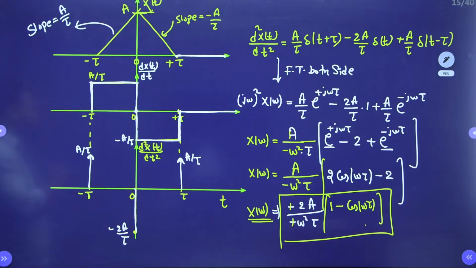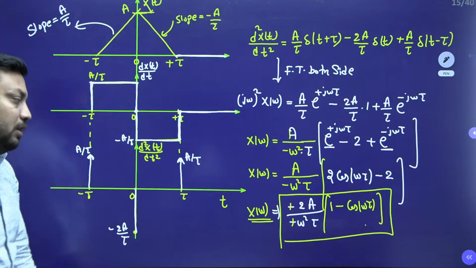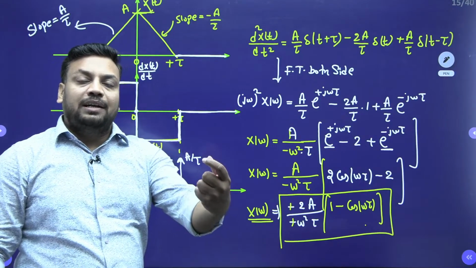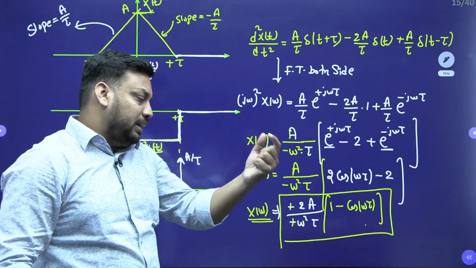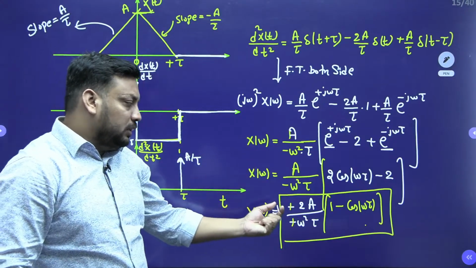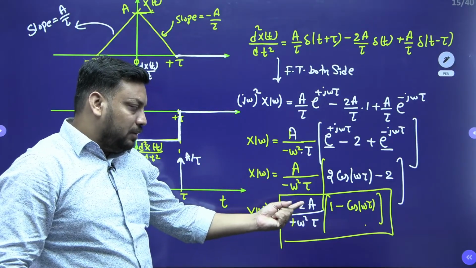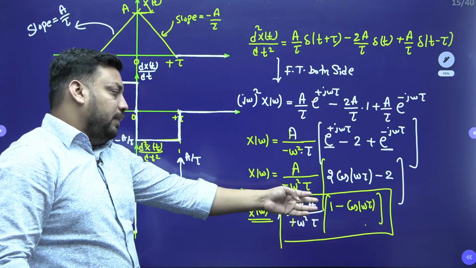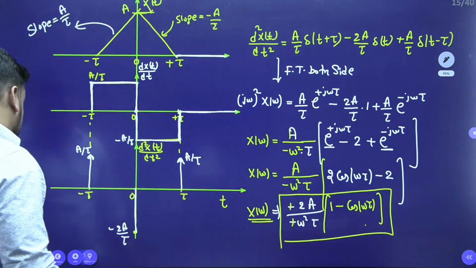The second form we always want to convert into sampling form, so that we can relate the expression to the rectangular pulse also. So if I want to convert this function into sampling, then 1 minus cos, can I convert this using the sine square formula?